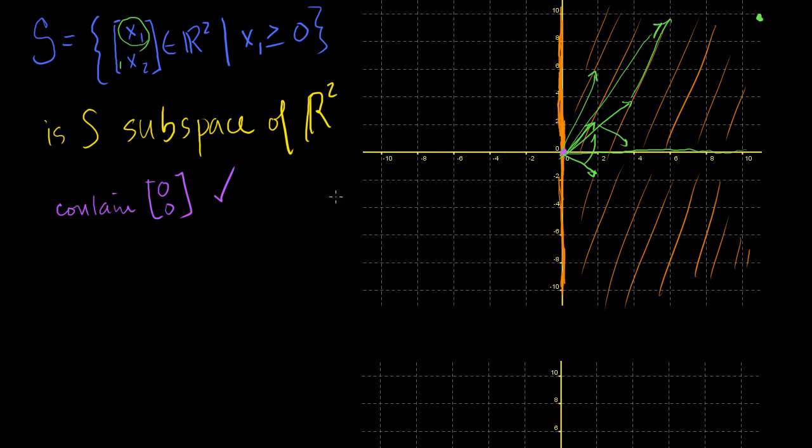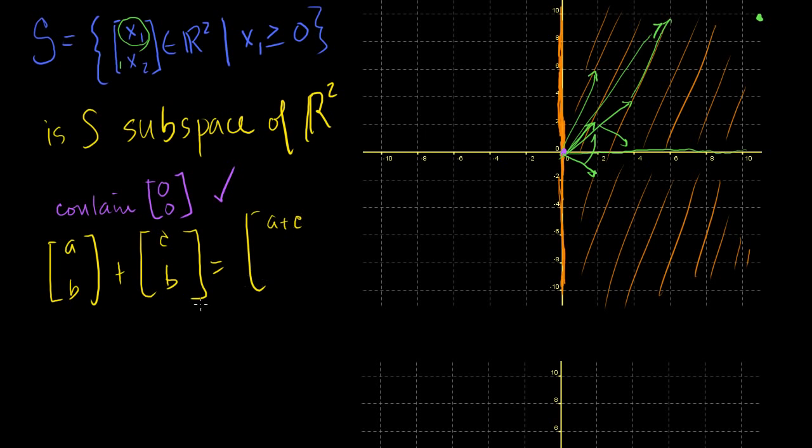And if I did it formally, let's say that I have two vectors that are members of our set. So let's say the first one is (a, b), and I add it to (c, d). What do I get? I get (a plus c, b plus d). So a is going to be greater than or equal to 0, and c is also going to be greater than or equal to 0.